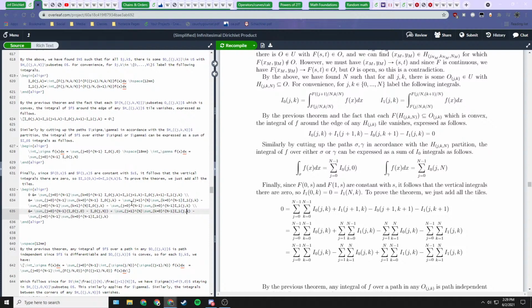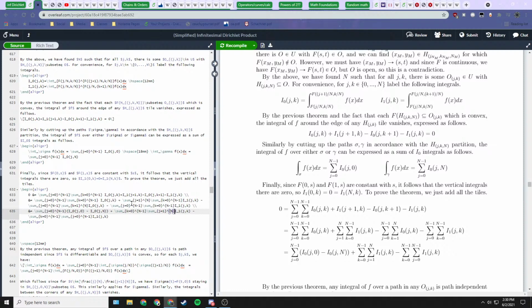And over here on this other one, we can just flip-flop these k sums. So these will be the same, and we will cancel these out. So this one goes j from 1 to n as being positive.